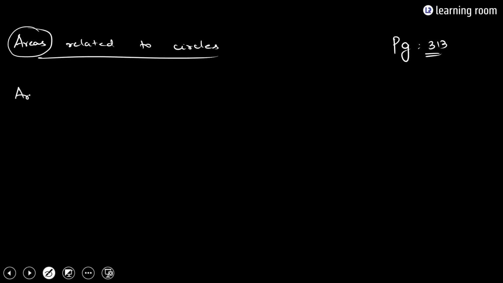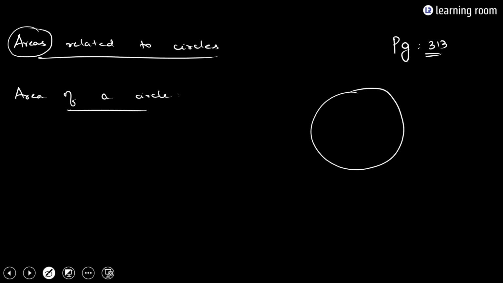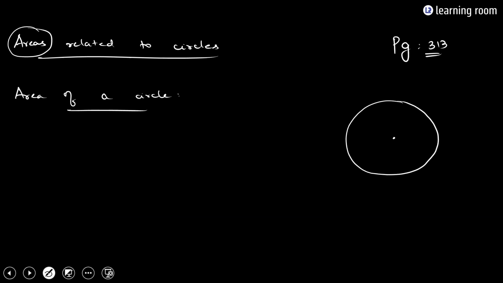Since the name of the chapter is areas related to circles, when you talk about the area of a circle, what comes to your mind? When you think of a circle, a circle is basically a shape which has a fixed radius.